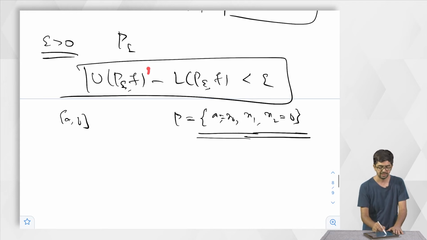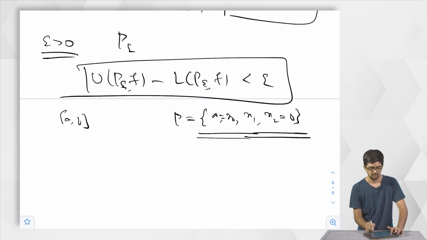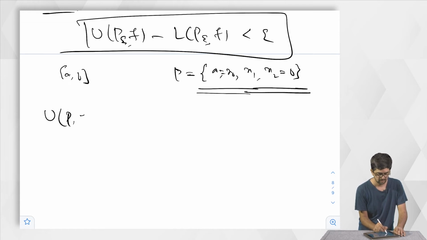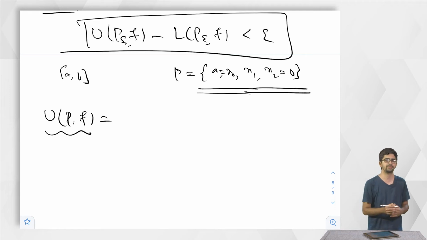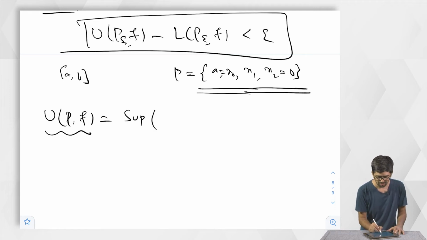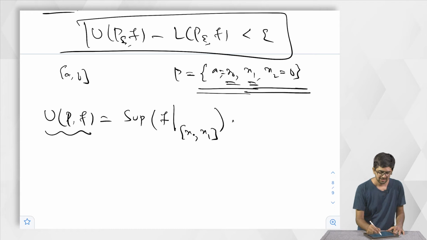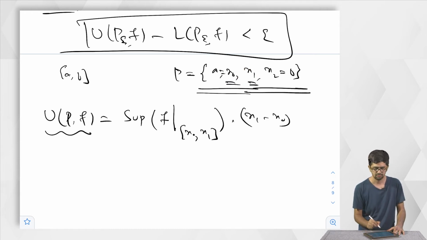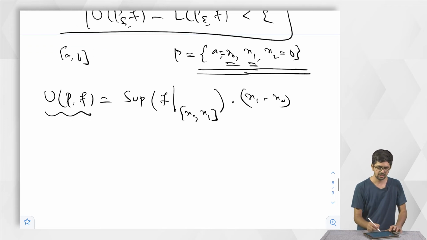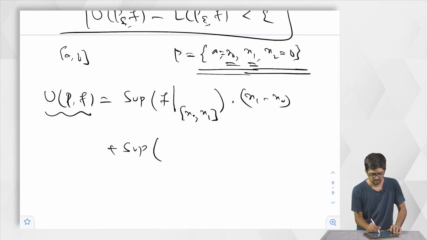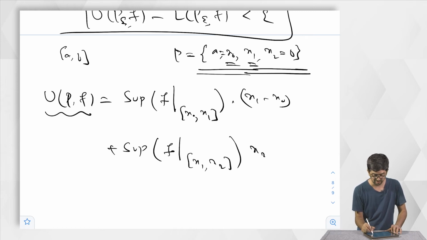Let us check what we can say about UPF minus LPF. So what is UPF? As I said, the upper sum is related to the supremum. It is the supremum of f restricted to the interval x0 x1, times the length of this interval, x1 minus x0, plus the supremum of f restricted to x1 x2 times x2 minus x1.